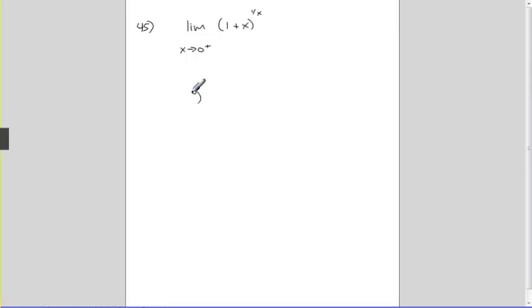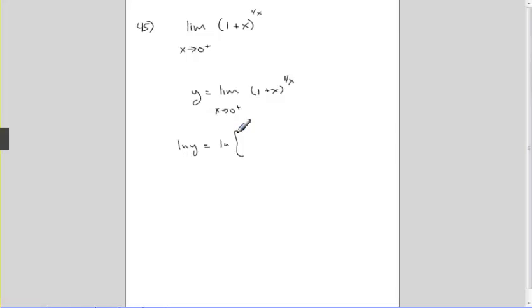So let's let y equal this limit. y is the limit as x goes to 0 from the positive side of 1 plus x to the 1 over x. Now we use the properties of logarithms, so we take the logarithm of both sides.